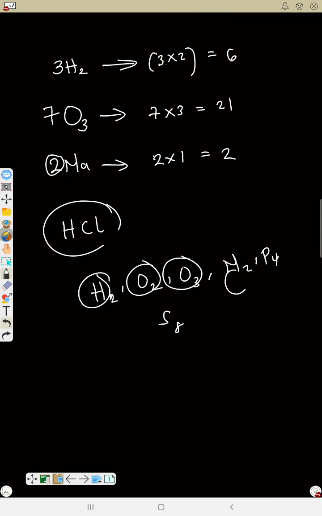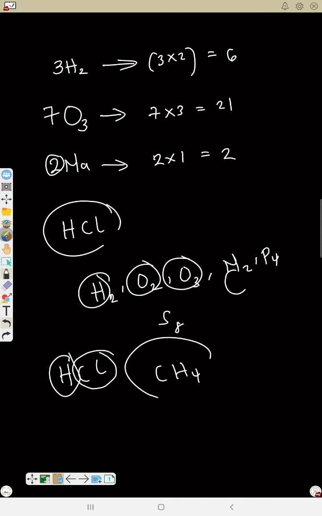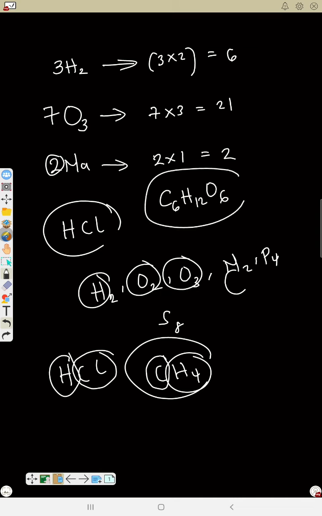Or we can have heteronuclear, that is, made of more than one element, such as HCl, because you have hydrogen and chlorine. CH4 is also heteronuclear because it has more than one element. C6H12O6, sucrose, is also heteronuclear because it has more than one element.